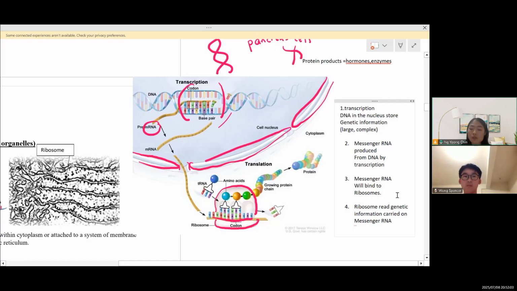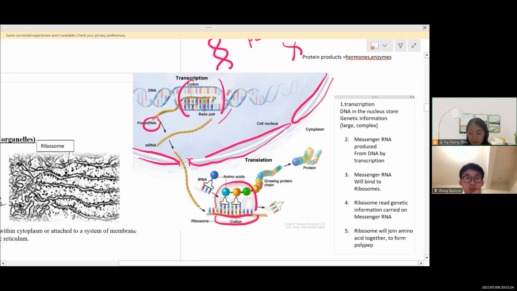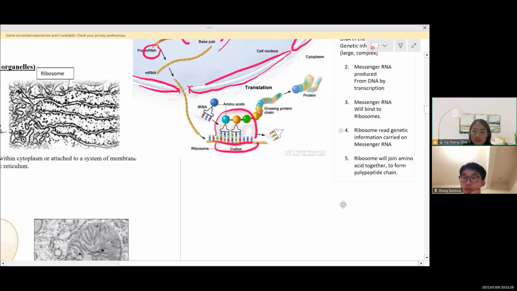The ribosome will start to join the amino acids together to form a polypeptide chain. See? You just imagine it this way. This is the amino acid, right? Amino acids will be like this.